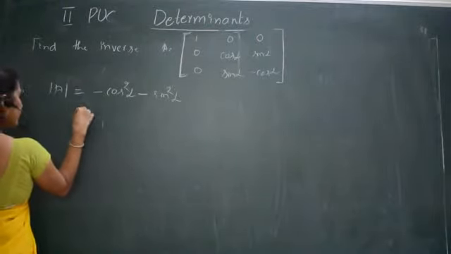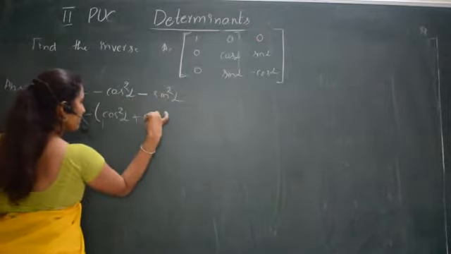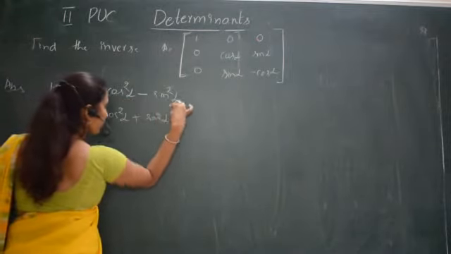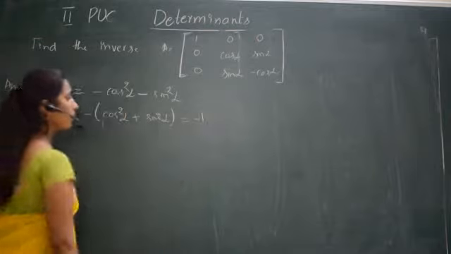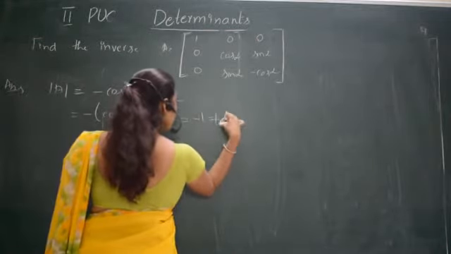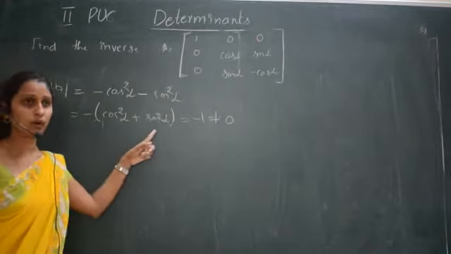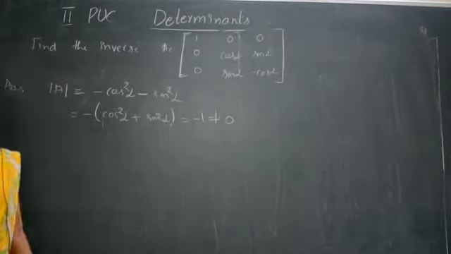So this will be minus of cos square alpha plus sin square alpha, that is equal to minus 1. So minus 1 is not equal to 0. Why is it minus 1? Because cos square alpha plus sin square alpha is 1.